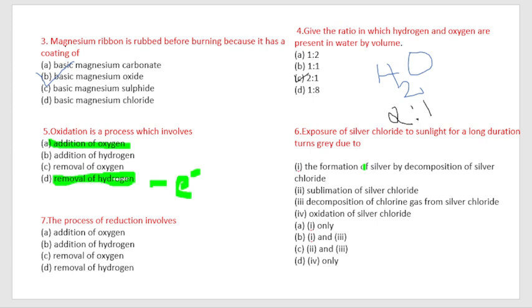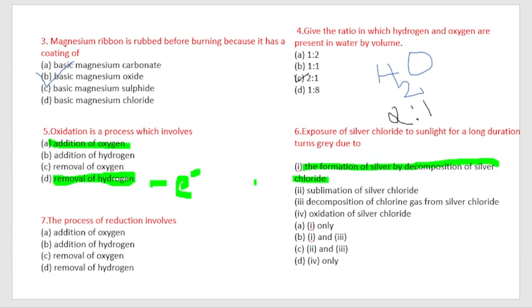It will break into two. So the grey color is due to the formation of silver by decomposition of silver chloride. Chlorine gas also will be formed. Sublimation does not happen, oxidation does not happen. All these are wrong.